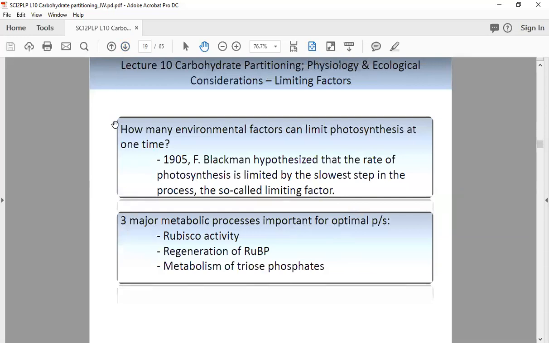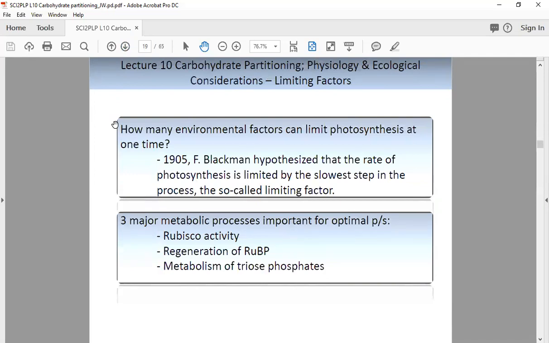So, a central question in studying the impacts of the environment on photosynthesis is how many environmental factors can limit photosynthesis at the one time? The British plant physiologist Blackman hypothesised that under any environmental conditions, the rate of photosynthesis is limited by the slowest step in the process.